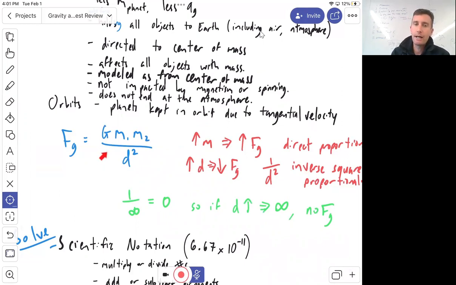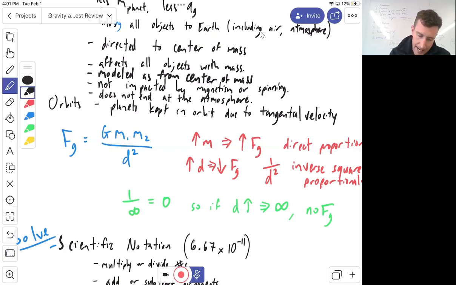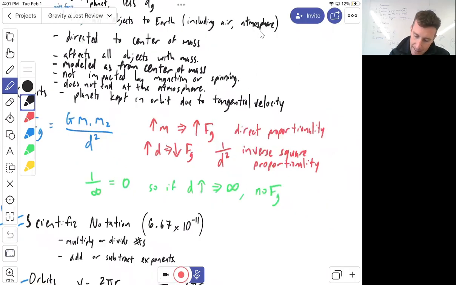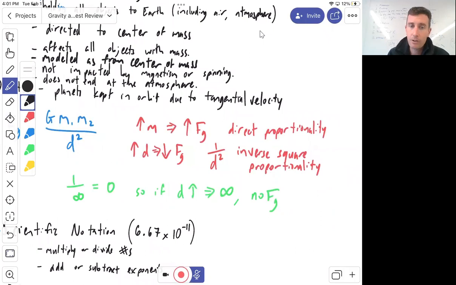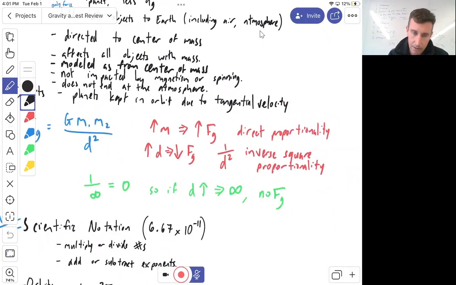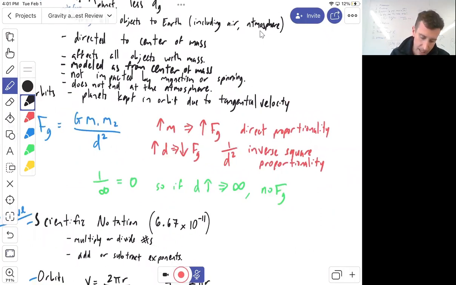For the force of gravity, we have our law of universal gravitation. That's the gravitational constant times the mass divided by the distance squared. That means that mass and force of gravity are directly proportional. An increase in mass is going to lead to an increase in force of gravity.